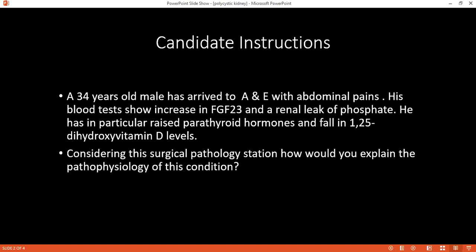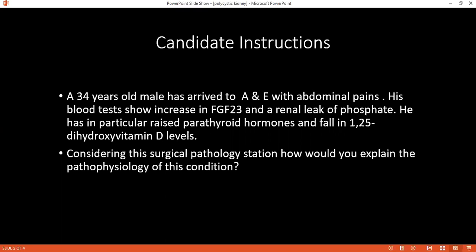Right. So if you have read and understood this surgical pathology patient, kindly tell me what is the pathophysiology behind the condition that you think the patient is suffering from? In this clinical scenario, the patient has abdominal pain, low phosphate, high parathyroid level, and decreased 1,25 dihydroxycholecalciferol.